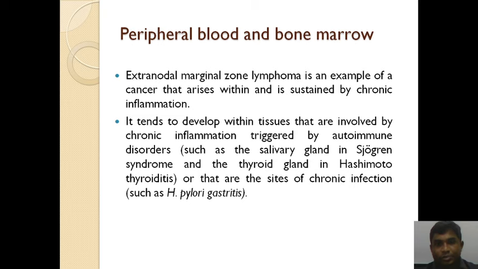So the underlying pathogenesis is chronic inflammation, which could be triggered by either autoimmune conditions or by infections. And this is important to recognize because in a small proportion of cases, when the chronic infection is treated, like H. pylori treatment in the case of stomach, the lymphoma has reverted back when the stimulus has been taken care of by antibiotics.